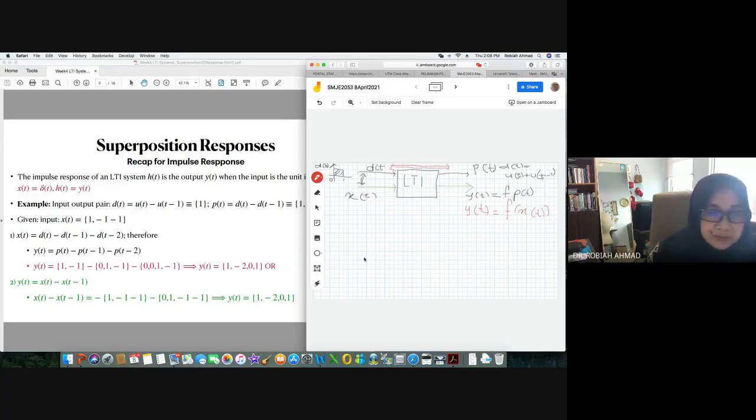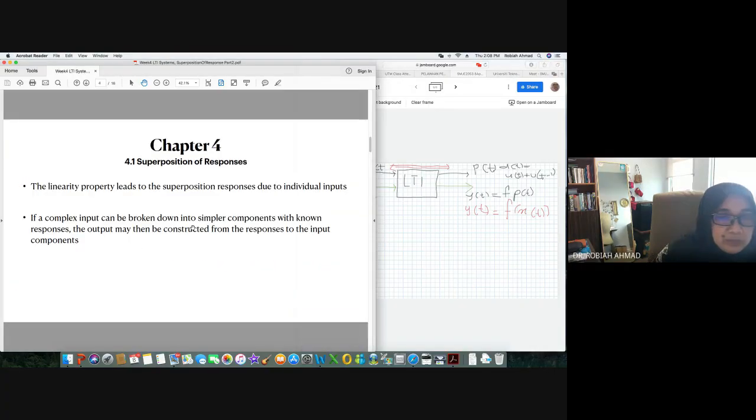Now we move to chapter 4. Basically the same thing. In chapter 3, for most of the examples our input is in terms of an impulse, therefore our y(t) is what we call the impulse response. When we move into chapter 4, the linearity property leads to the superposition of responses to individual inputs.